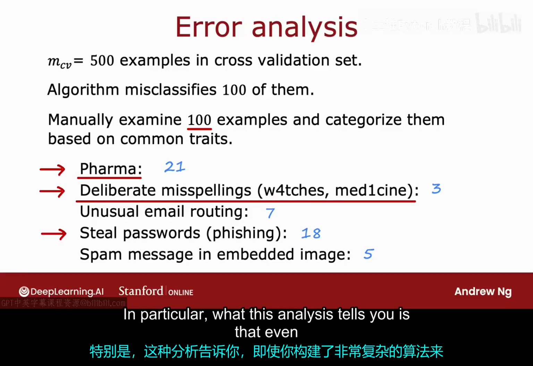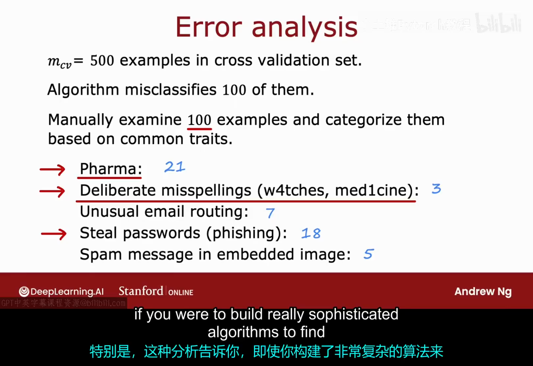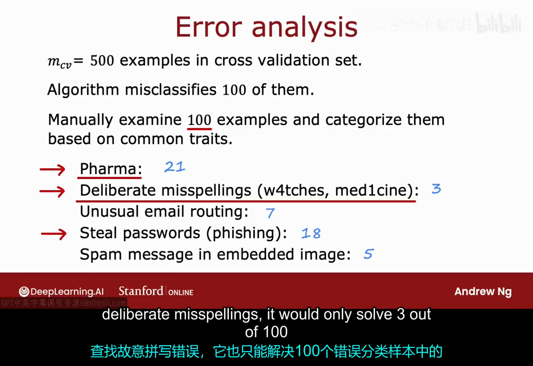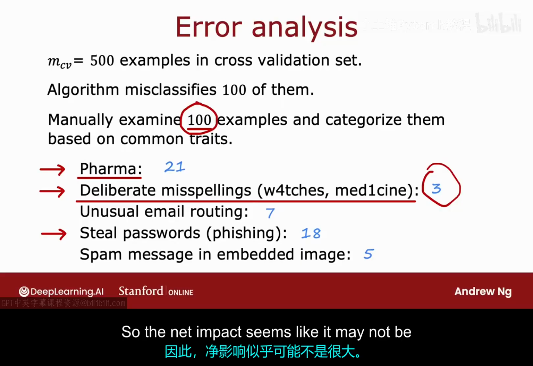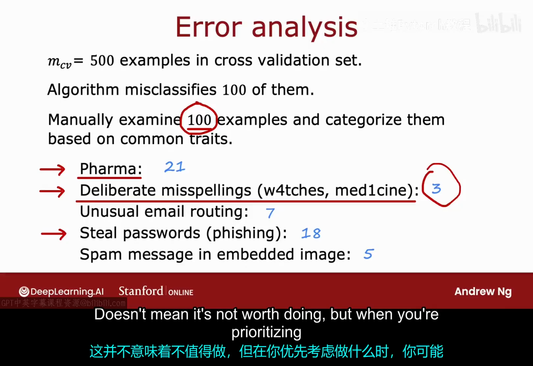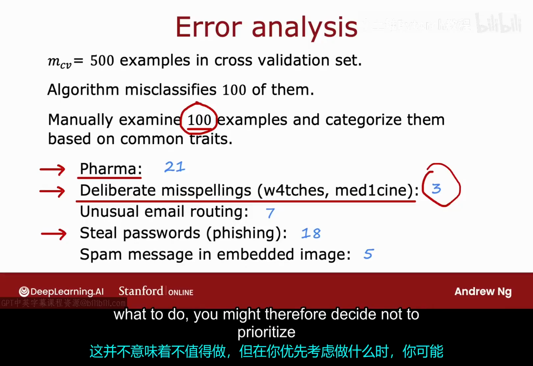In particular, what this analysis tells you is that even if you were to build really sophisticated algorithms to find deliberate misspellings, it would only solve 3 out of 100 of your misclassified examples. So the net impact seems like it may not be that large. Doesn't mean it's not worth doing, but when you're prioritizing what to do, you might therefore decide not to prioritize this as highly.